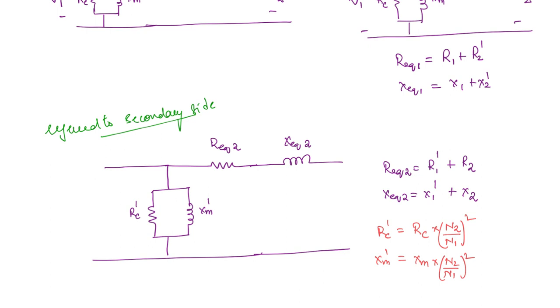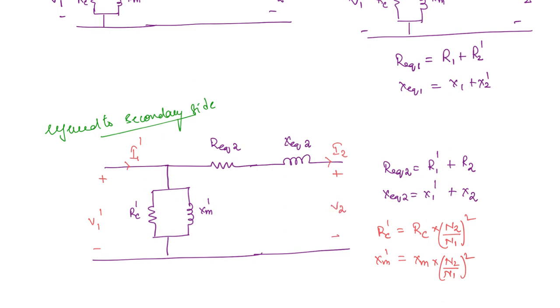You can further approximate. You can entirely ignore this shunt parameter branch, because the current flowing through this is going to be very small. Here we have not written the voltages. This is V1 dash, this is going to be I1 dash, and this is going to be I2 and V2, because this is referred to the secondary side.